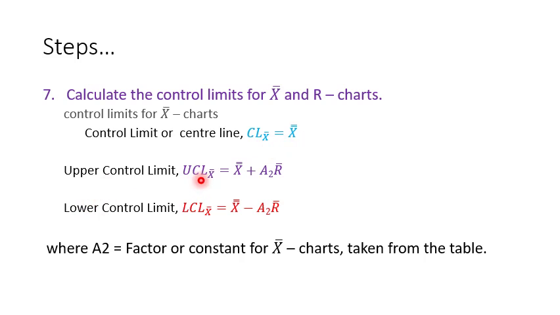Then the upper control limit for the X bar chart is equal to X double bar plus A2 R bar. Then the lower control limit for the X bar chart is equal to X double bar minus A2 R bar. Here A2 is the factor or constant for the X bar chart taken from the table, and I will show you the table at the end.